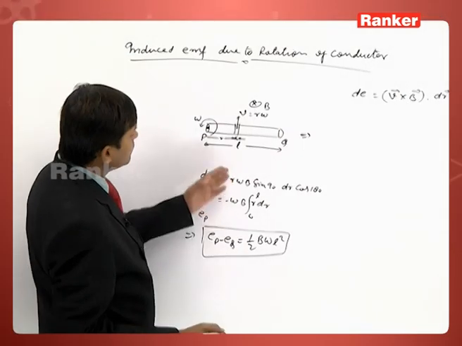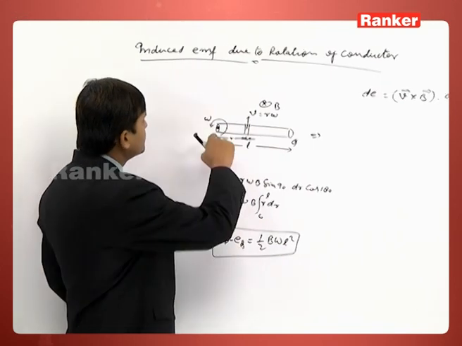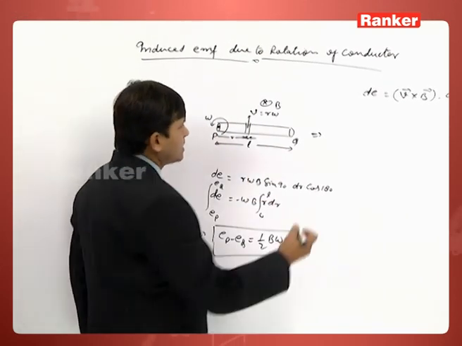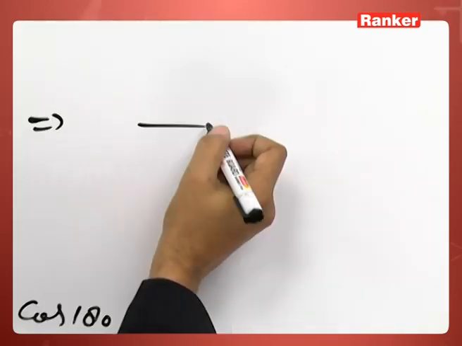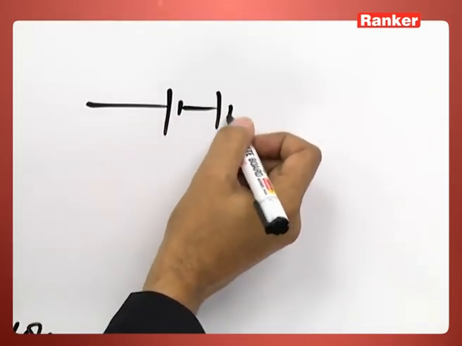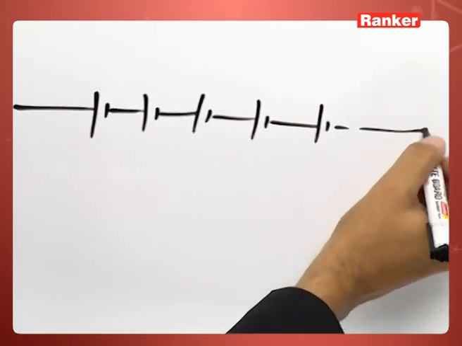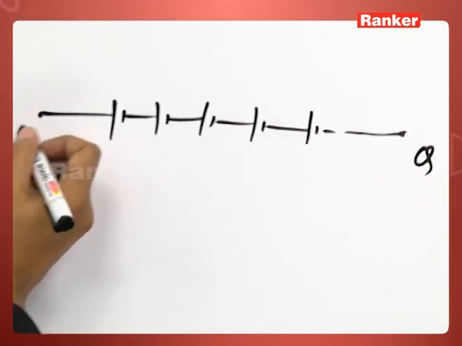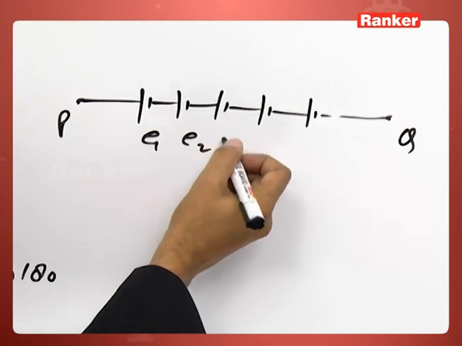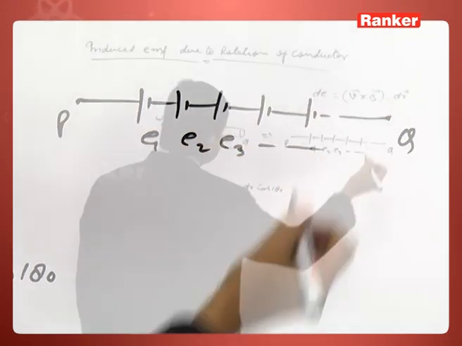So we can say this is the potential difference between points P and Q. It is equivalent to a number of different batteries between Q and P, each having EMF E1, E2, E3 like this.